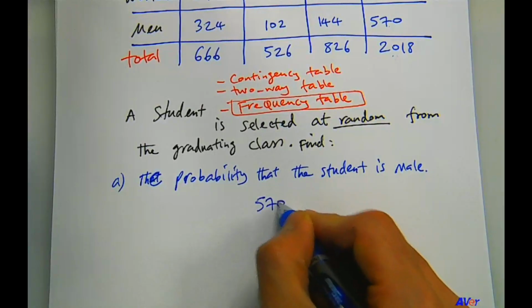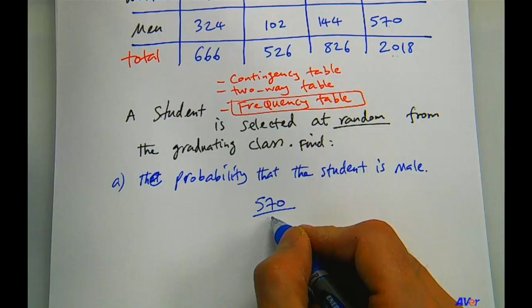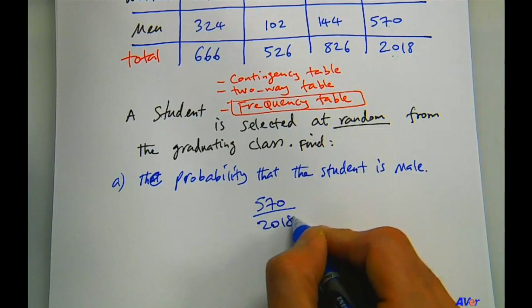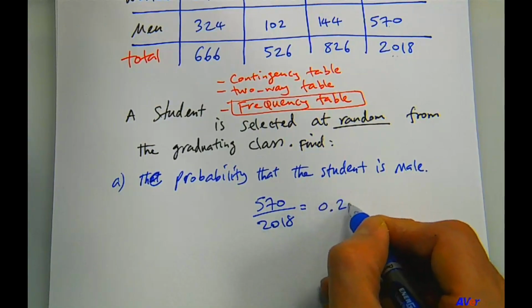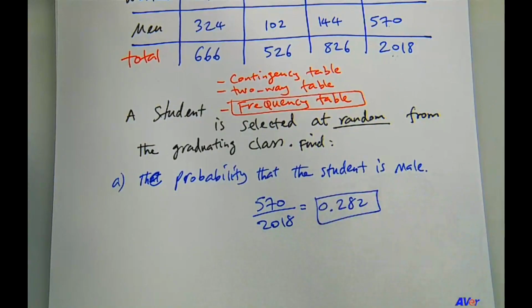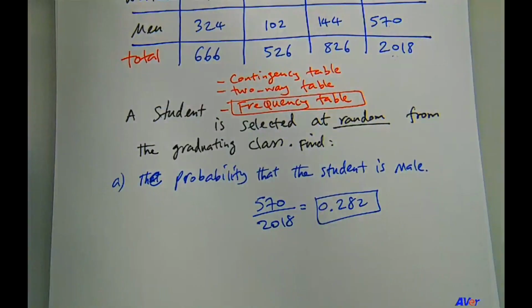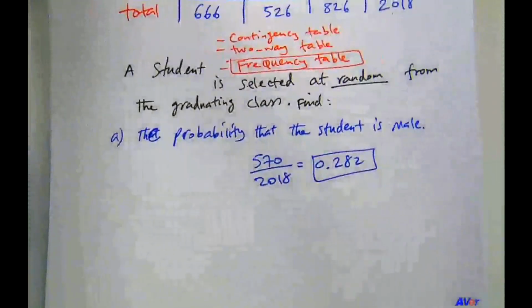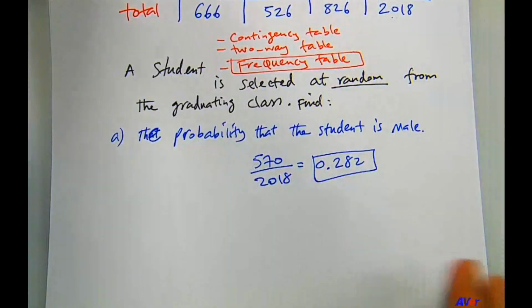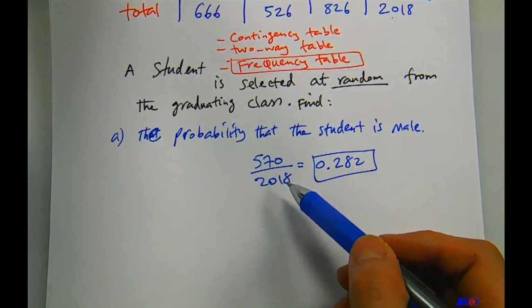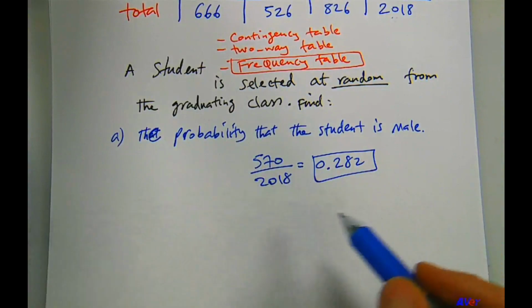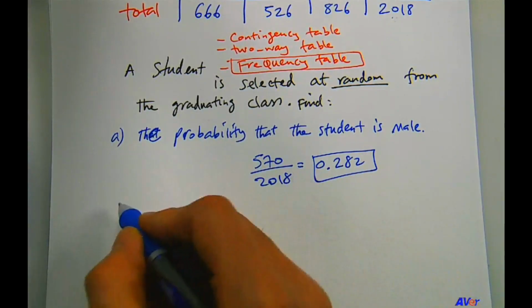So 570 divided by 2018, which is 0.282. So this is carrying our answer to 3 decimal places. So far, this was not a conditional probability, right? This is just a simple probability calculation.